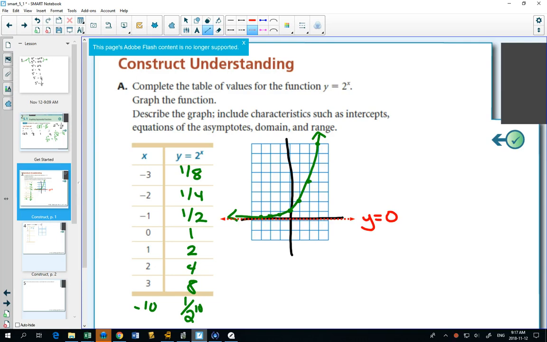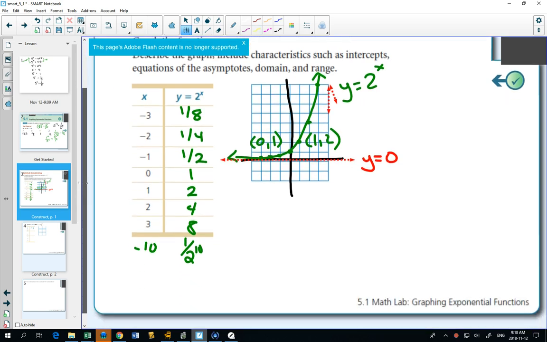So some patterns that we're going to notice. This is the y equals 2 to the x graph. And I'm going to label, even though we have a lot of points on here, 2 points in particular. I'm going to label 0, 1, and I'm going to label 1, 2.